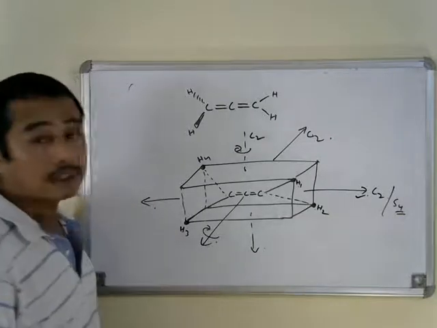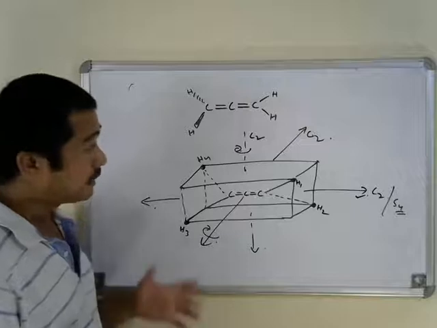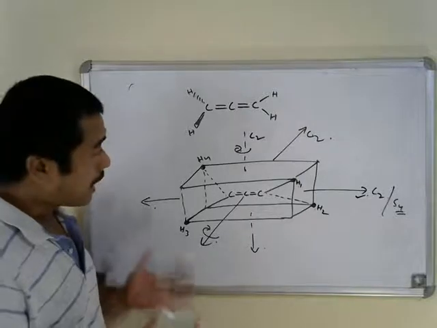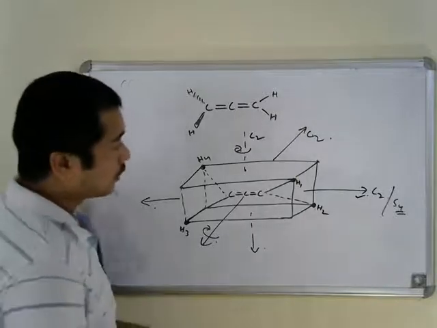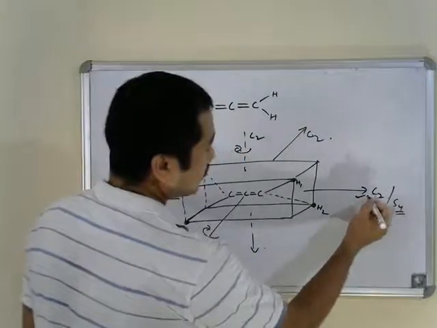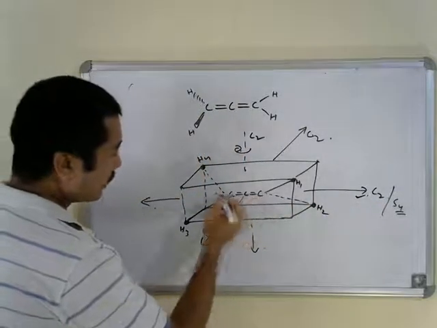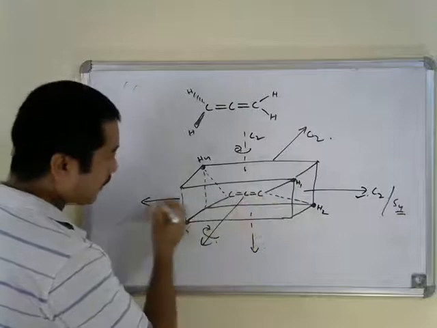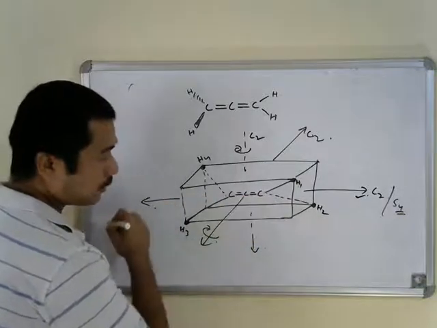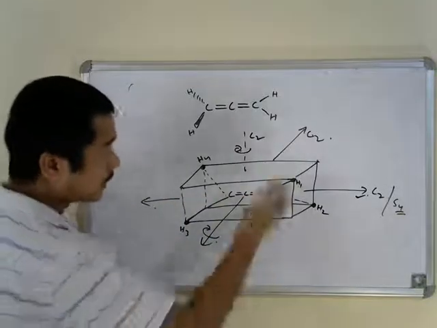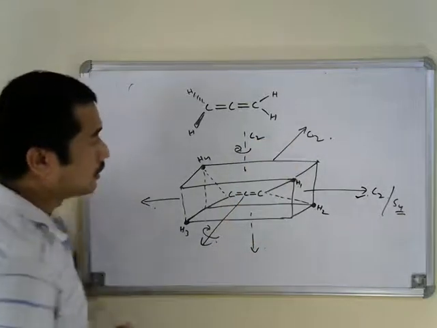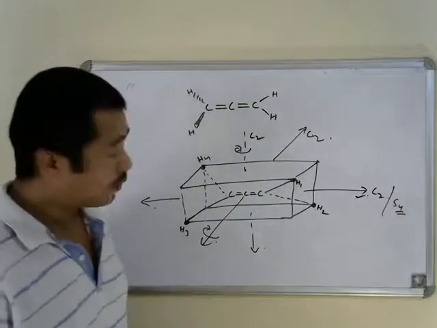So in total there are three C2 axes of symmetry, and these C2 axes are perpendicular to each other. If we consider the C2 axis which goes through the carbon-carbon-carbon bond, the molecular axis, to be the principal axis, then these two C2 axes are perpendicular to the principal C2 axis.